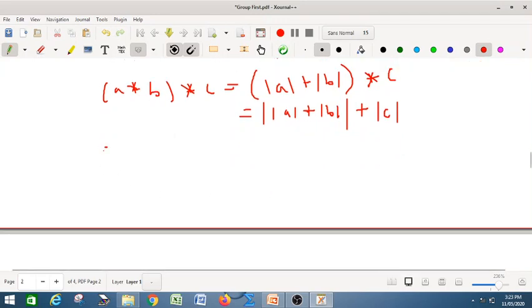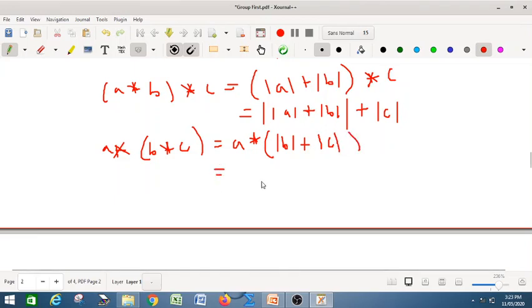Now you check for A star (B star C), that is equal to A star (mod B plus mod C), equal to mod A plus whole mod of (mod B plus mod C).